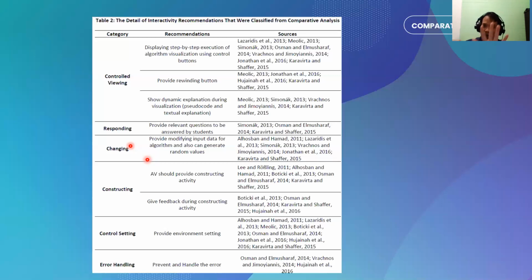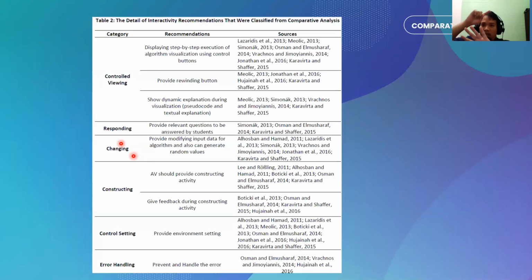So there are 5 default numbers in the system, for instance, 1, 2, 3, sorry, let's make it random: 1, 3, 7, 2, 10, something like this. But using the changing, the students are able to change all of the numbers with their desired numbers.